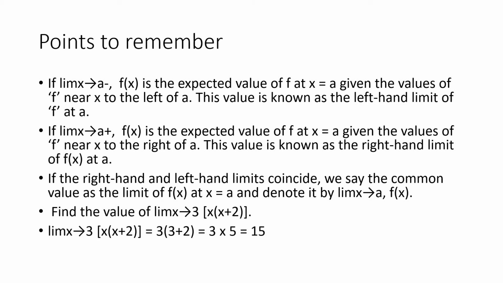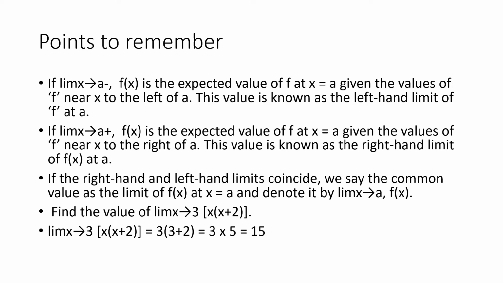So just think that given the values of f near x to the left of a, this is known as the left hand limit of f at a, and in the case of the right hand limit, x tends to a plus. Earlier you could see limit x tends to a minus, because it is the left hand limit, and in this case it is the right hand limit.